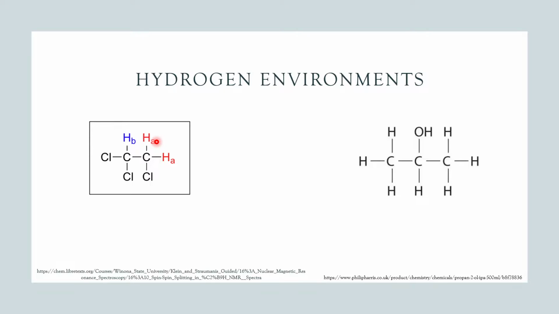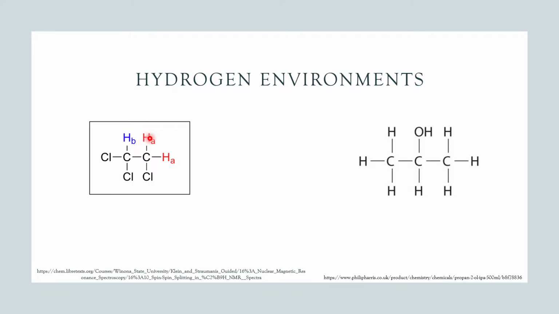So for our HAs, this hydrogen is bonded to a carbon, and that carbon is bonded to another hydrogen and a chlorine. And that carbon here is bonded to a carbon bonded to two chlorines and a hydrogen.